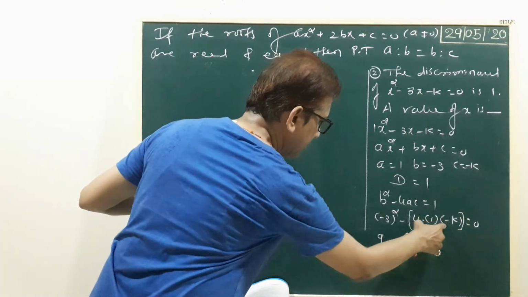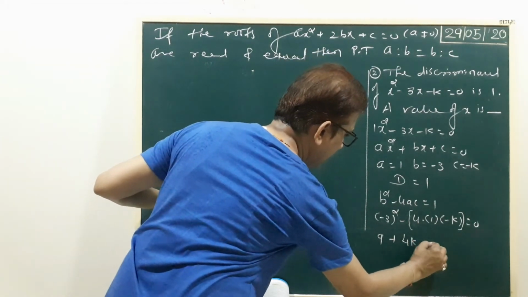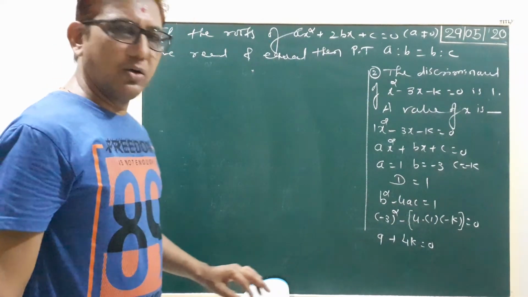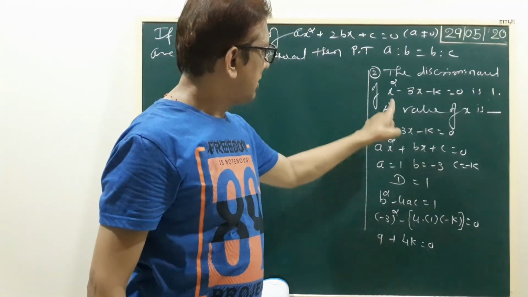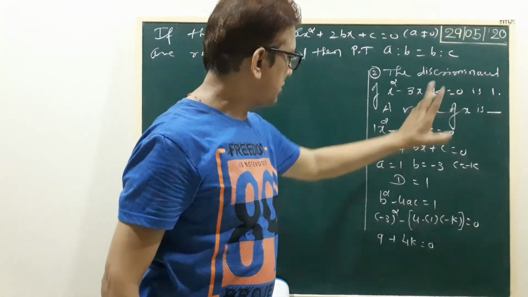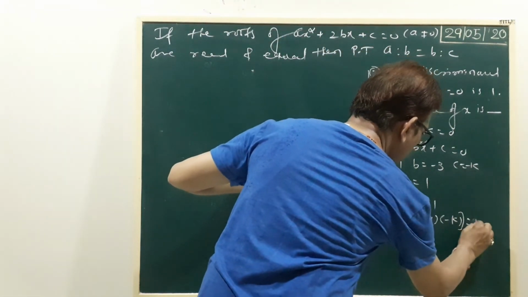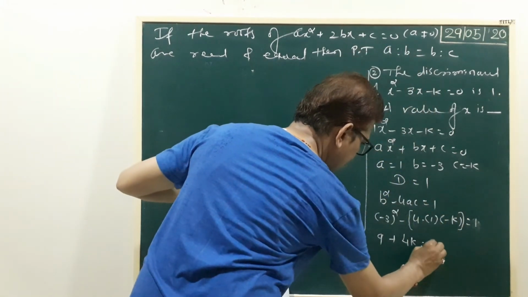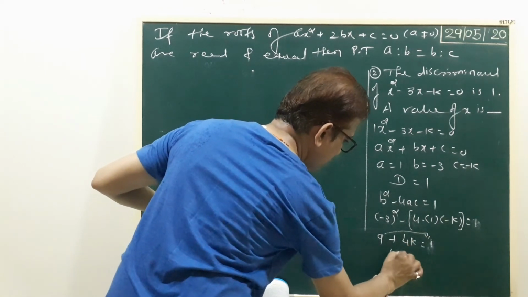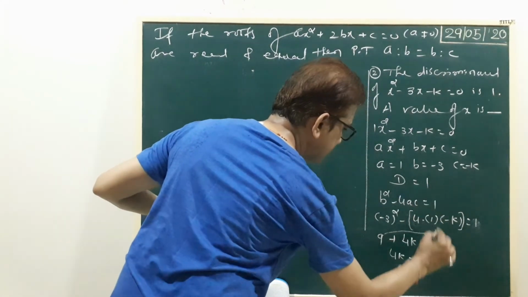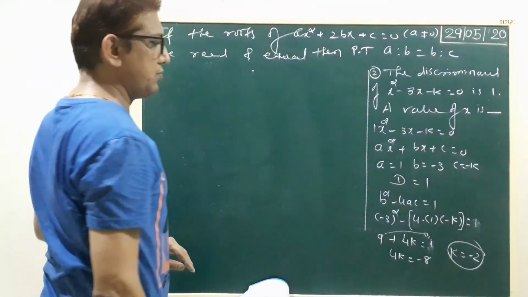Now 9, and minus minus is plus, 4 times 1 is 4, so 4k. So 9 + 4k, and the discriminant is 1. So 9 goes to the right side: 4k = −8. Now dividing by 4, k = −2.